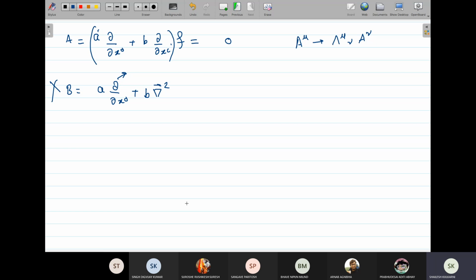That means if I have an equation like this, and if I want to give it a relativistic status, then we expect some problem to occur, because any statement which one can draw from this equation will be frame dependent.